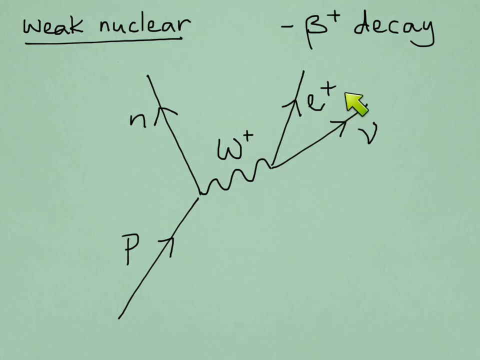So we've got an antiparticle here, an anti-lepton with a lepton number of -1, and a normal neutrino with a lepton number of +1. So no leptons went in, and -1 +1 makes 0 as well. So at this junction, charge is conserved and lepton number is conserved.